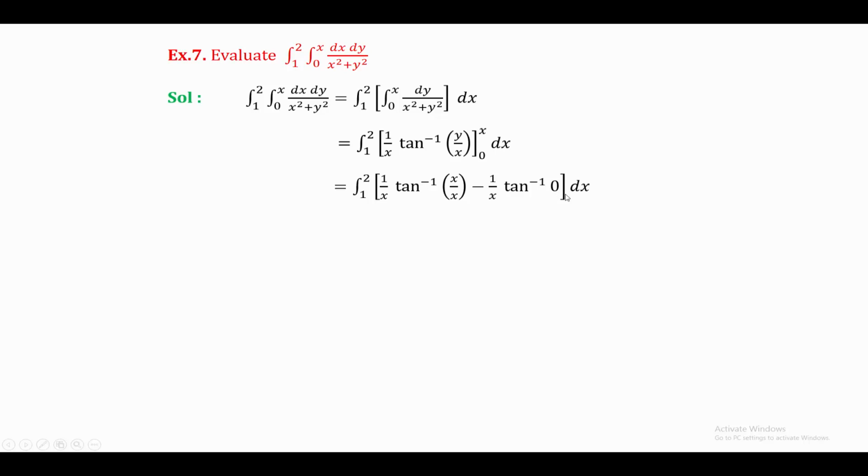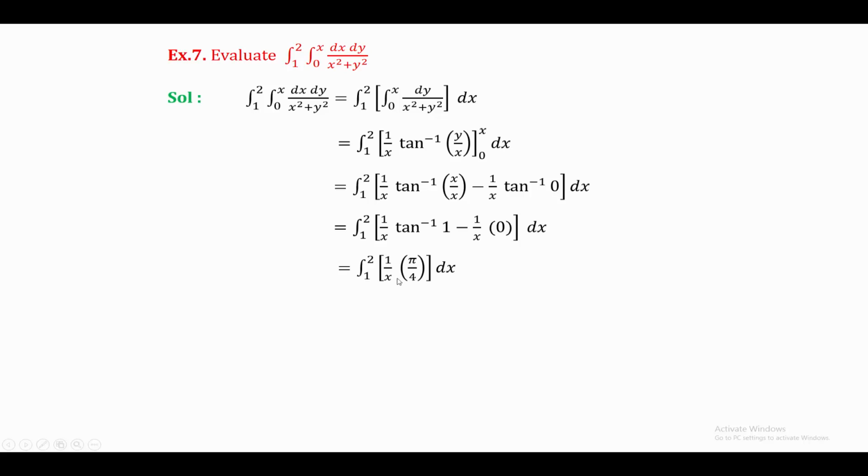Put the value of y is 0, tan inverse 0 dx. This is tan inverse 1, tan inverse 0 is 0. Integration limit 1 to 2 1 upon x tan inverse 1, minus 1 upon x tan inverse 0 is 0. Now 0 into 1 upon x means this term is 0.